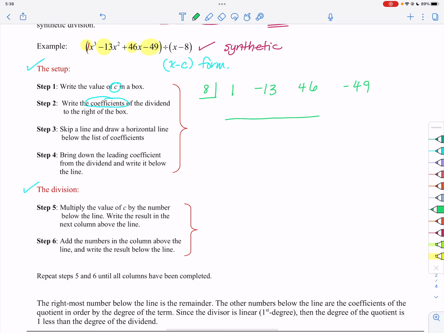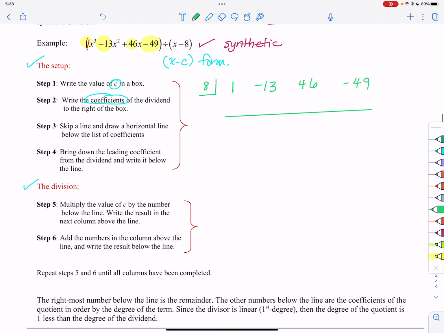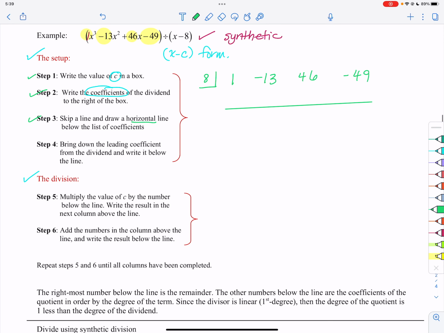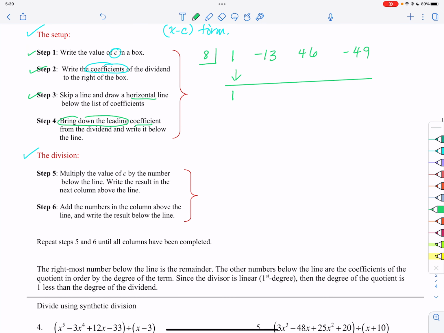And we're going to go ahead and draw a horizontal line, allowing one blank line to be left. Okay, so we've taken care of writing c in the box. We've written the coefficients. We've skipped a line, and we drew a horizontal line. And now we're going to drop the 1. You're going to always bring down that leading coefficient, okay? Drop the 1. Now let's start our division.